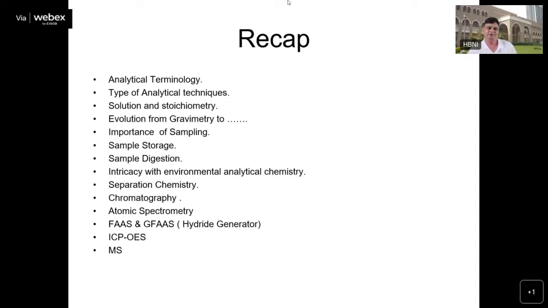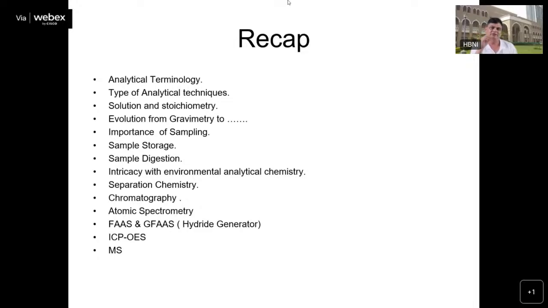Some of the common techniques are dry ashing and wet digestion. And this wet digestion can be done by using conventional heating on a simple hot plate, or by using microwave-assisted digestion, where microwaves are used so that your digestion becomes much faster. And in that process, especially in the case of volatile elements, one has to look at what kind of chemistry has to be done, and in which way the wet digestion has to be done.